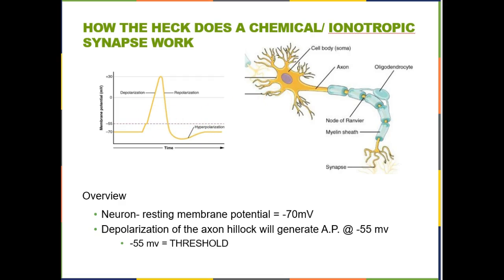So all of this is the action potential, which we'll talk about later. What we're going to talk about now is how you get from rest up to threshold to generate your action potential. But keeping in mind that the name of the game here is to get your axon hillock right there to negative 55 millivolts, and that's what activates this cell.